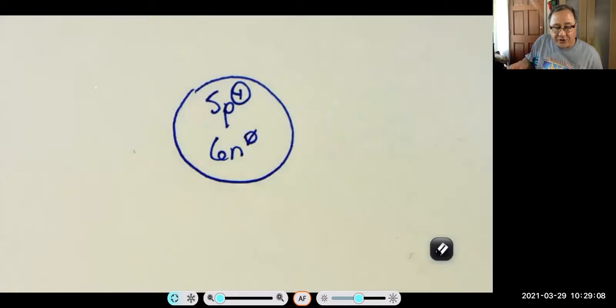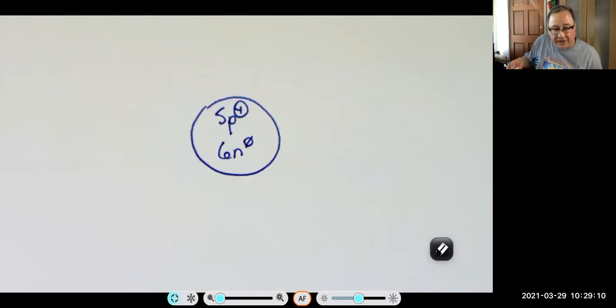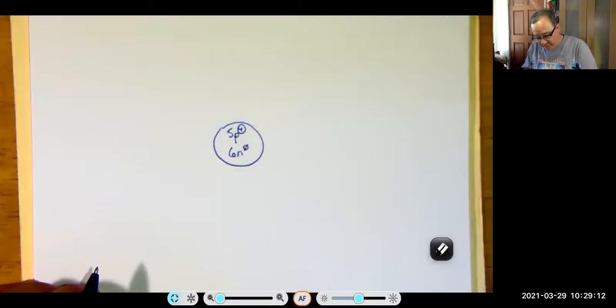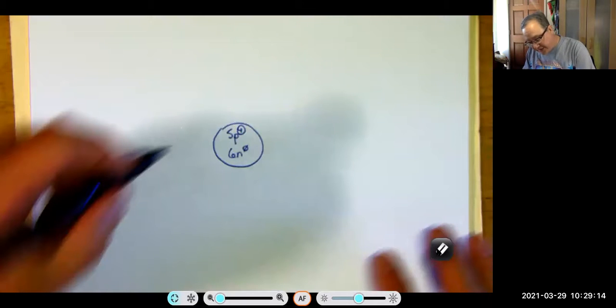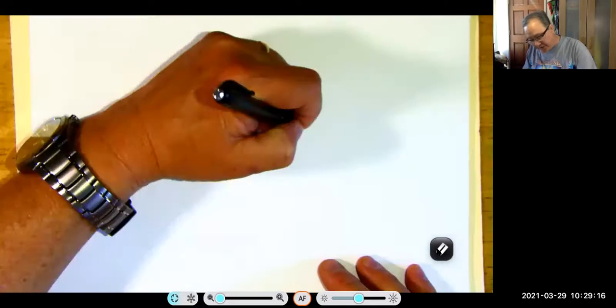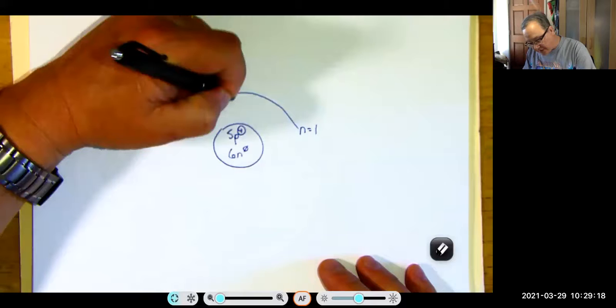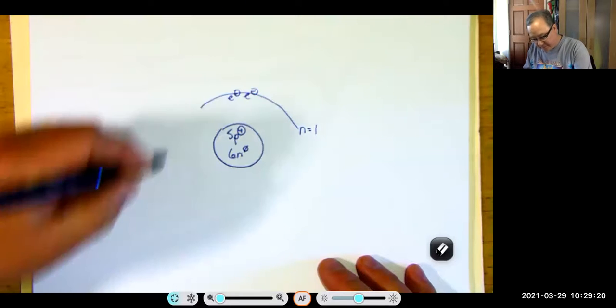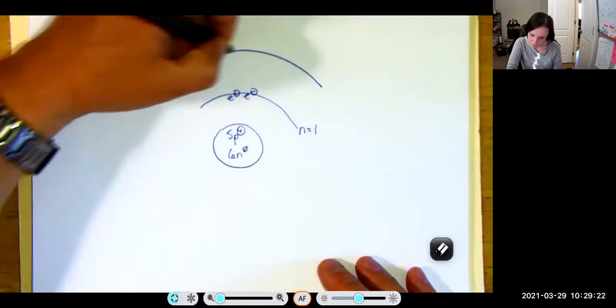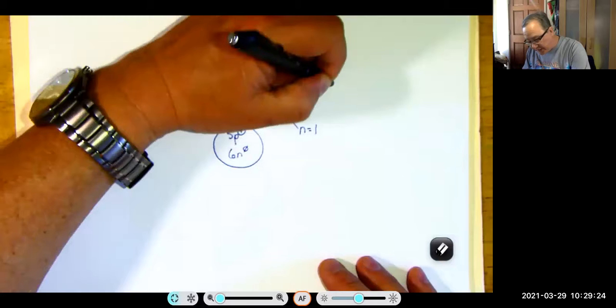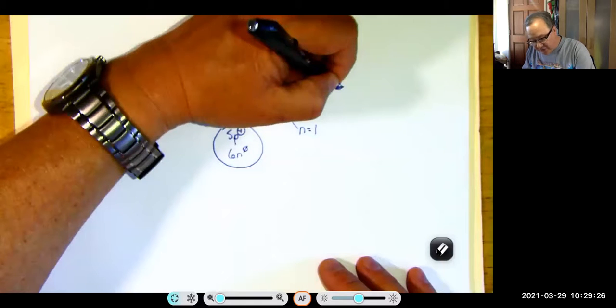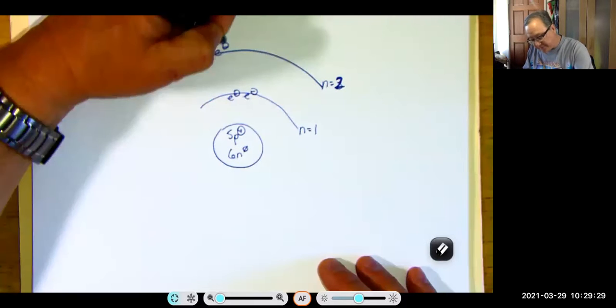Now, I have to zoom out so that you can see what I'm drawing. So here's the n equal 1 shell, and here's 2 electrons. And here's the n equal 2 shell, and there's 3 electrons.